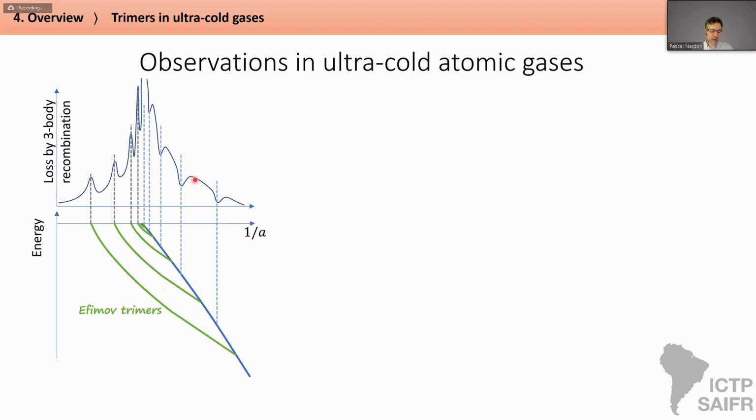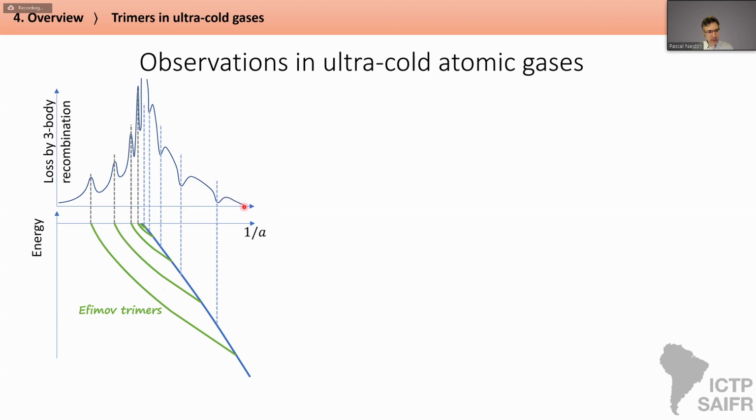And so that means that these atoms and dimers, two-body bound states, can escape from the system and are essentially lost. So if one simply measures the number of atoms in the system, one will see that generally it tends to decrease over time because of these loss processes.